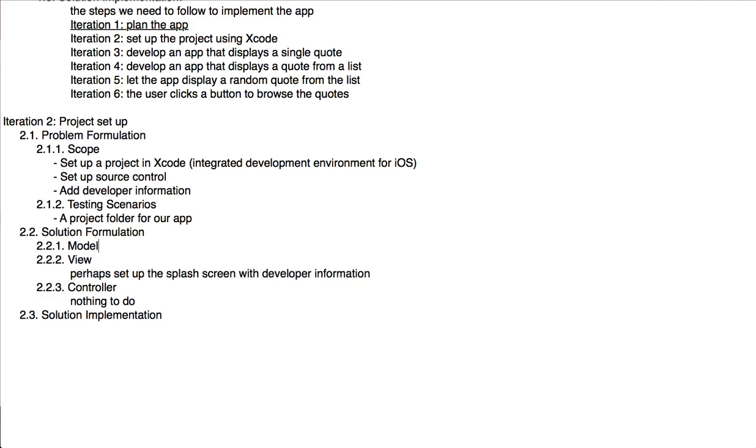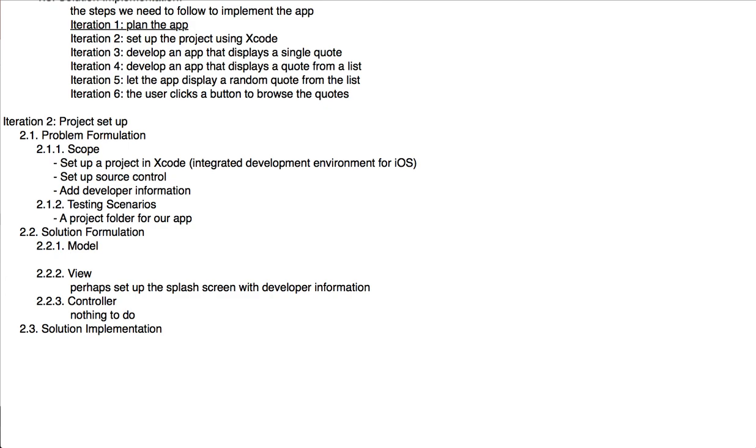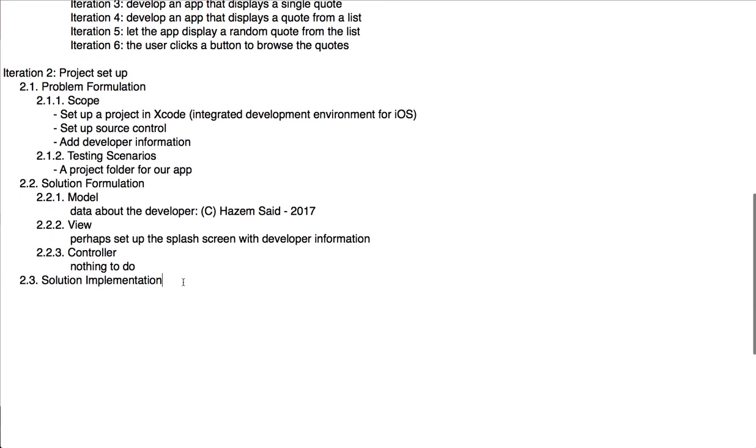You'll see that in a moment. And in the model, we will need data about the developer. And what do you want to display on the app? Sometimes when you open an app, you'll see a credit section. So I will just say copyright information, my name, and the date is 2017. You may want to add other information, so that becomes the data that you need for this iteration.